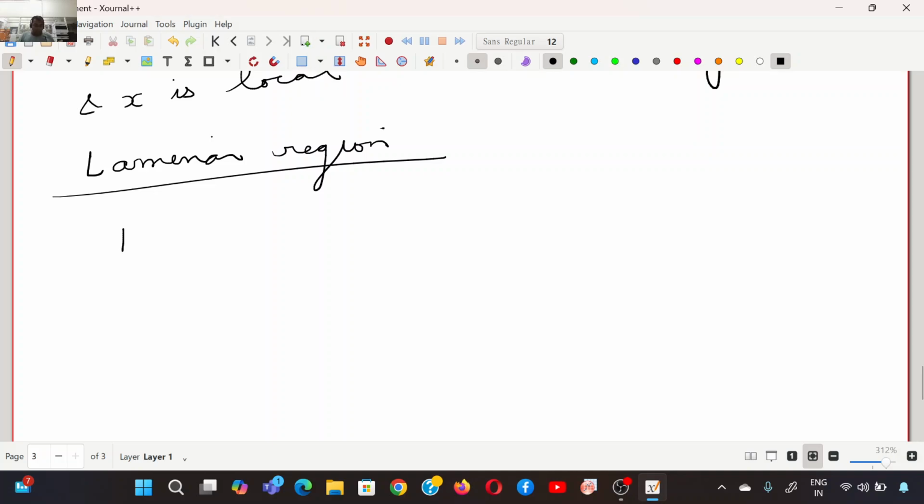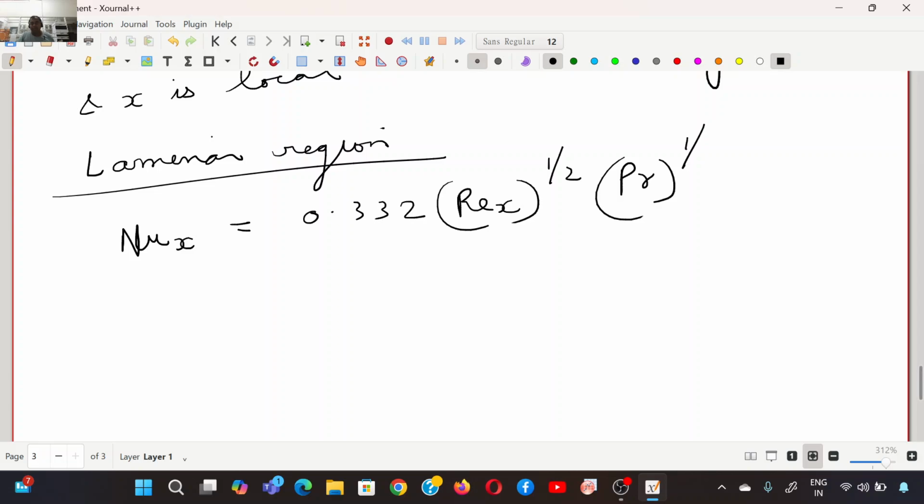There it says that for laminar region, the Nusselt number is equal to 0.332 into Reynolds to the power half into Prandtl to the power 1 by 3. So what is Nusselt number? Nusselt number is, in laminar, h prime x by k.